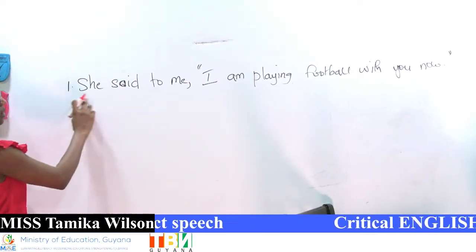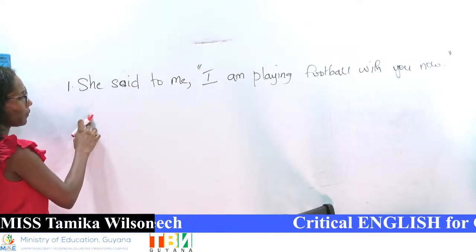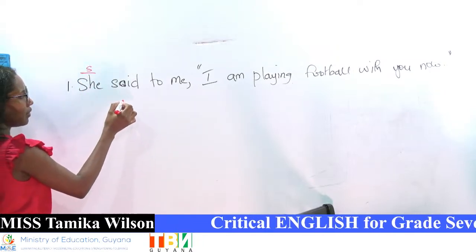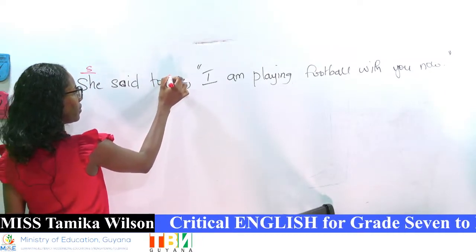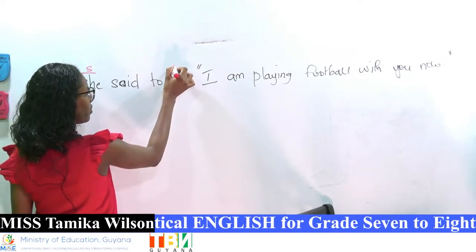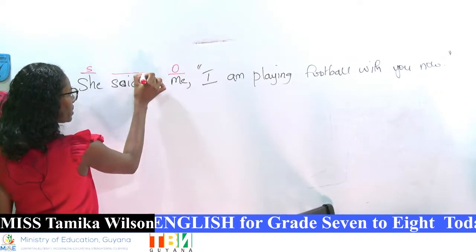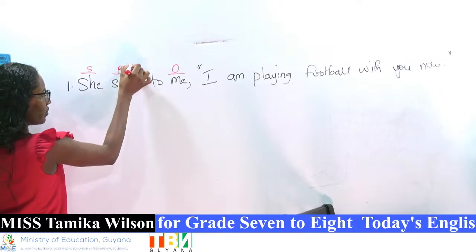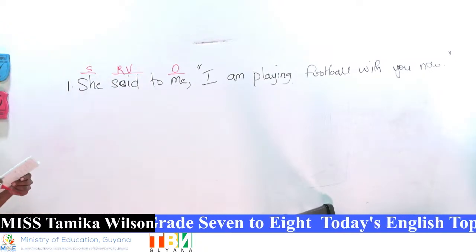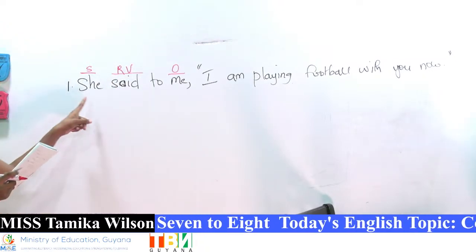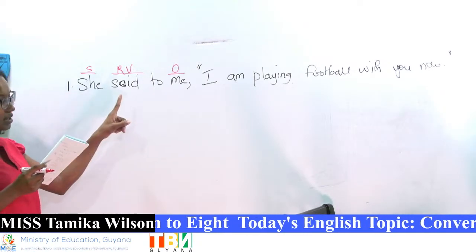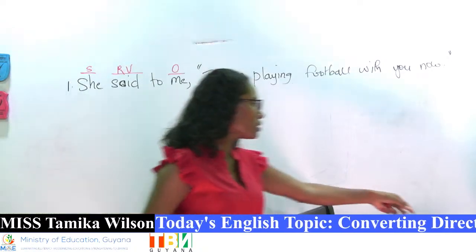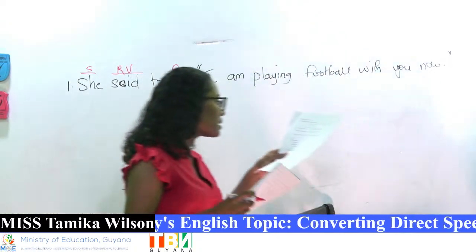So we're starting with here. What's the subject here? She. So this is the subject. Me would be the object. And what would said be? The reporting verb. So what we've done so far, we've identified the subject, the object, and the reporting verb, right?